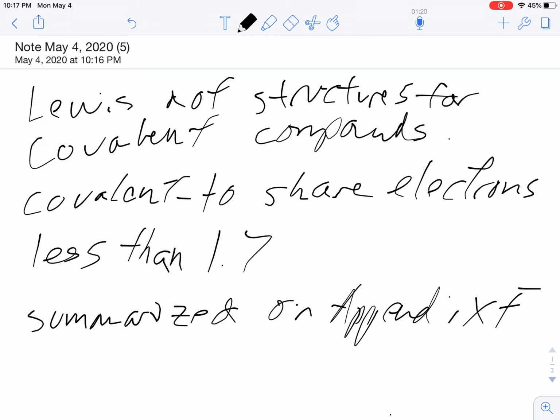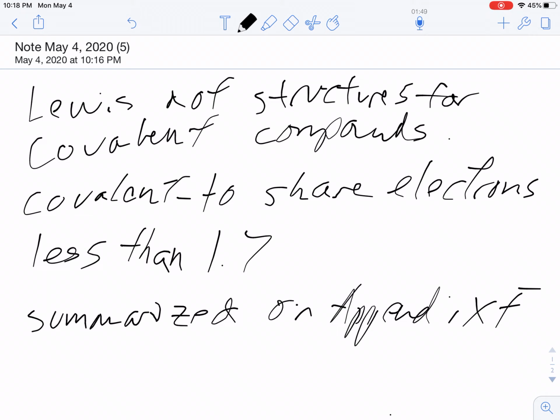If you cannot find your appendices, let me know and I will email you a copy of it, because you'll want to have Appendix O and Appendix F handy when you do the homework, okay? They're also found in your textbook, but Appendix F and Appendix O summarize it nicely.